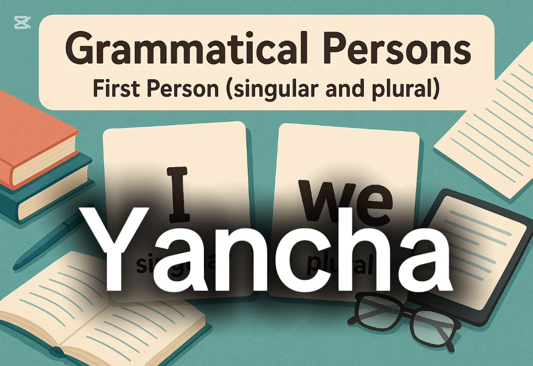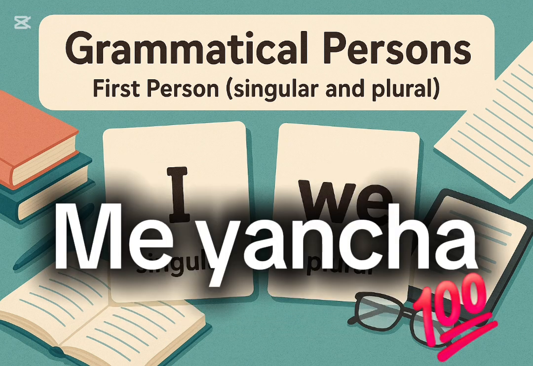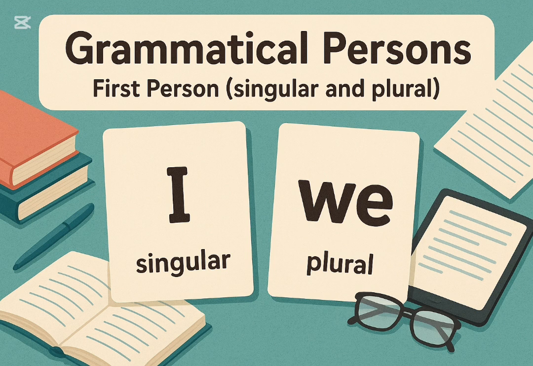Is it mi or me? Let's use the me to see if it will be correct. If you say me hiacha, yes, it is very, very correct. But supposing we use the other one, mi, it will now become mi hiacha. That one will not be grammatically correct. It is wrong. Mi hiacha is wrong. Me hiacha is correct. So you can see how the rules now apply.